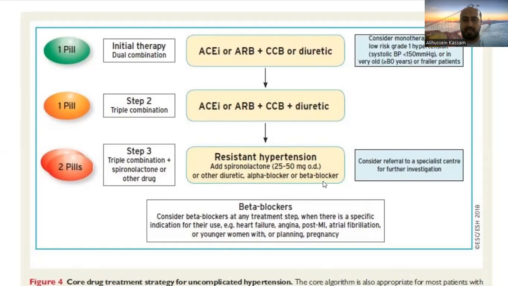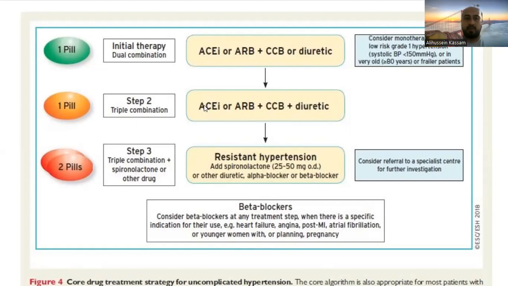Remember, if you have any patients along this line for whom a beta blocker would be better than one of the drugs, for example in pregnancy, ACE inhibitors are contraindicated due to teratogenic effects, so it's better to give a beta blocker then.